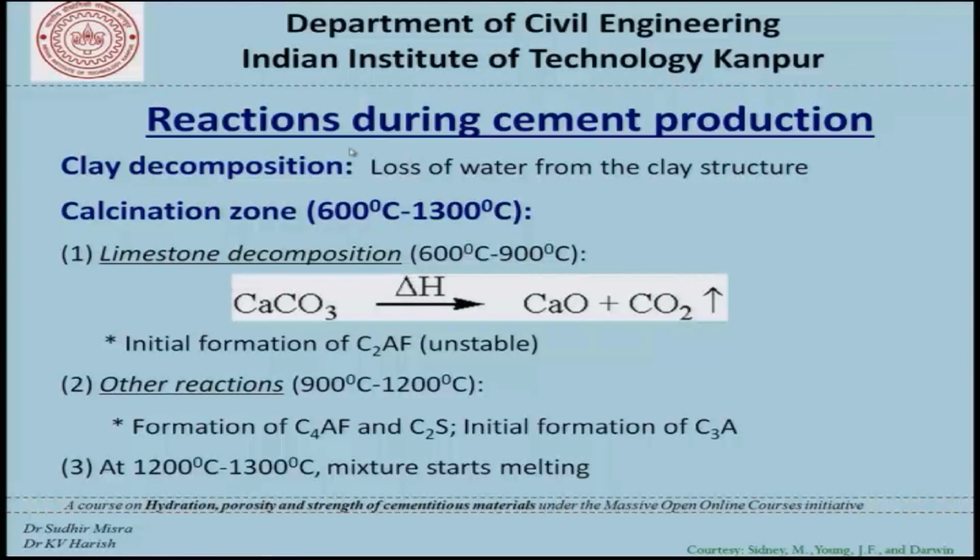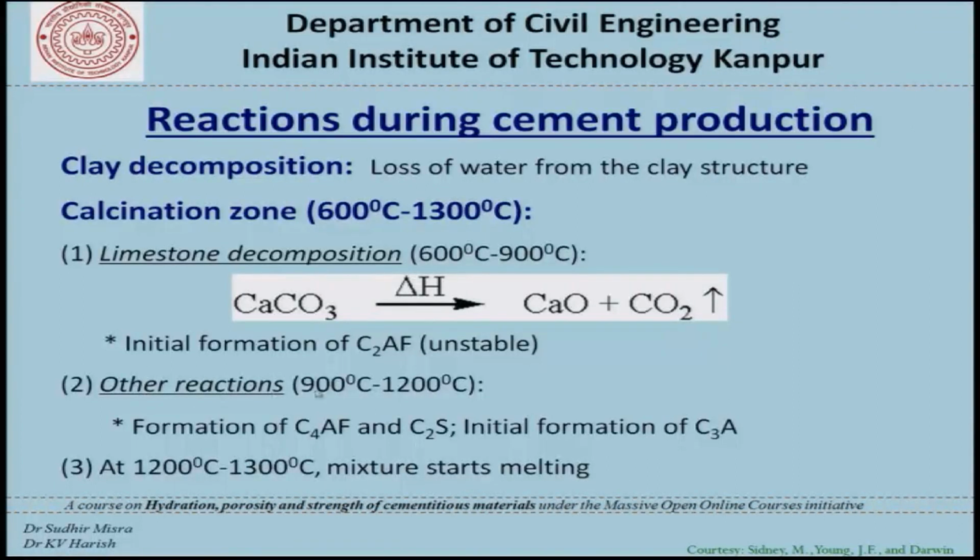Now, the summary of the reactions that happen during cement production is provided. Clay decomposition, where loss of water from the clay structure takes place. Calcination zone, typically between 600 degrees Celsius to 1300 degrees Celsius. Three reactions happen: limestone decomposition at temperatures between 600 to 900 degrees Celsius, where calcium carbonate forms calcium oxide and carbon dioxide, it loses water, and you also have initial formation of C2AF, but C2AF is unstable.